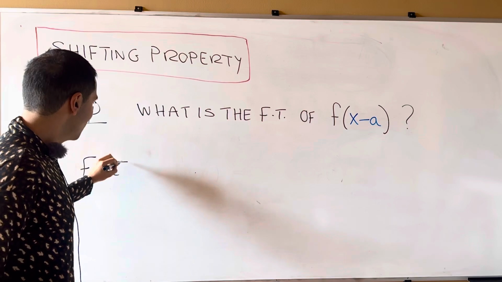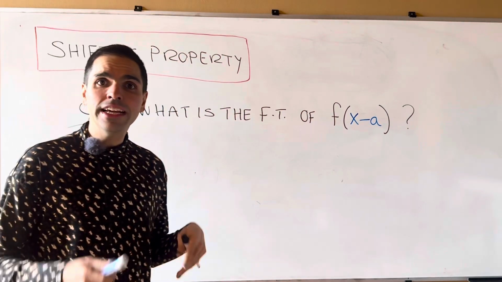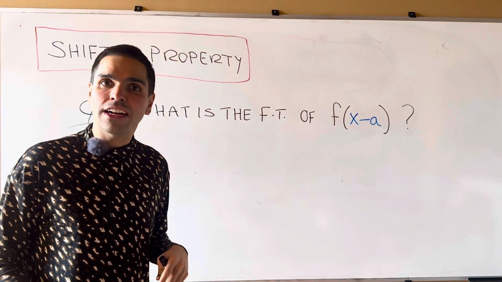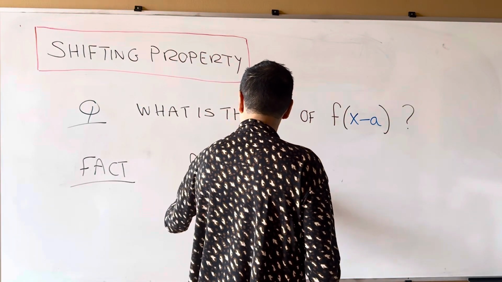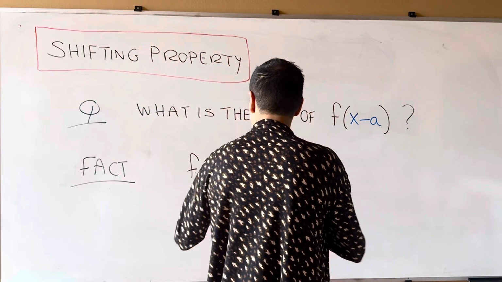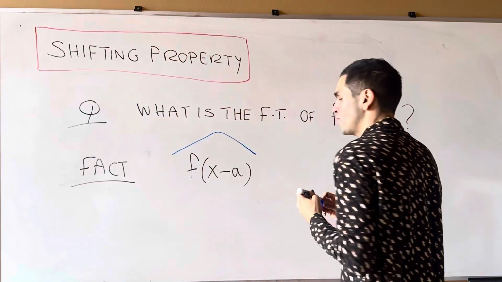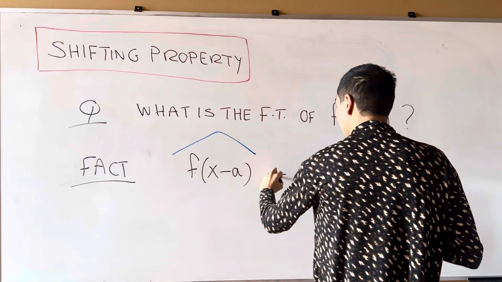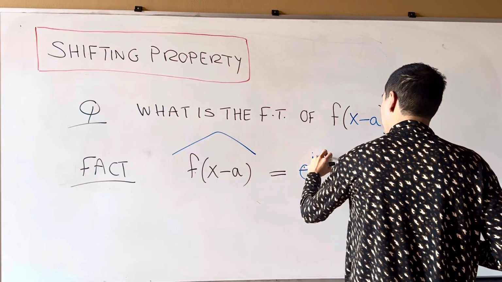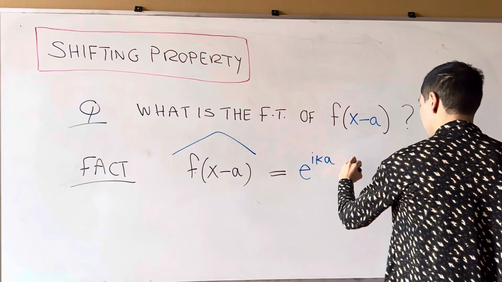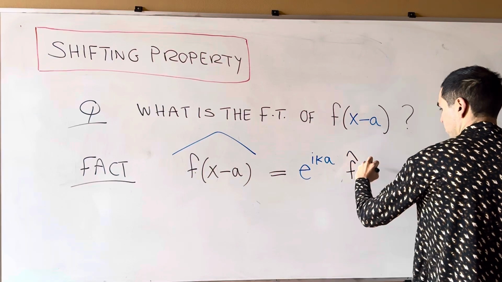And the answer is very cool, namely an extra exponential factor comes out. So if you take the Fourier transform of f of x minus a, then you get this extra e to the i kappa a factor that comes out, and then f hat of kappa.